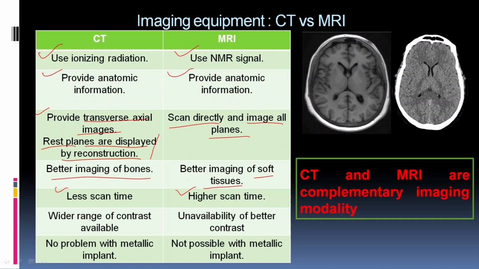So, for less scan time, CT is beneficial, and MRI is a little bit inferior because of its higher scan time, and MRI images may get some motion artifacts which distort the information of the images.